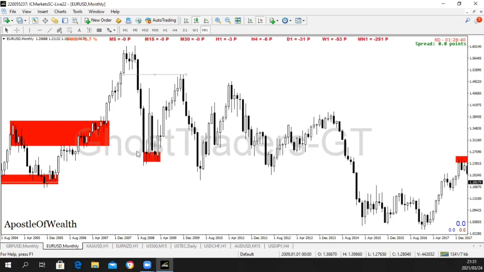When you see equal lows or equal highs, it's simply building up liquidity that the smart money traders are going to come and collect. Because the retail traders put their stop loss here, they know there is a lot of money here, either in the form of buy stops or pending orders. So there is a lot of money resting here, and they're going to come and take that money from those retail traders.